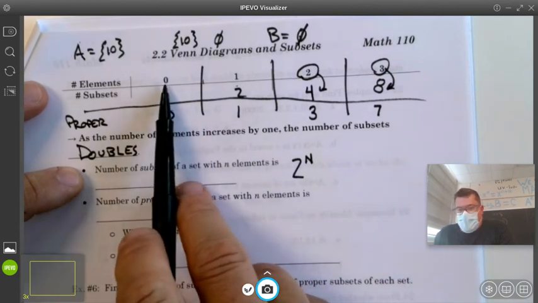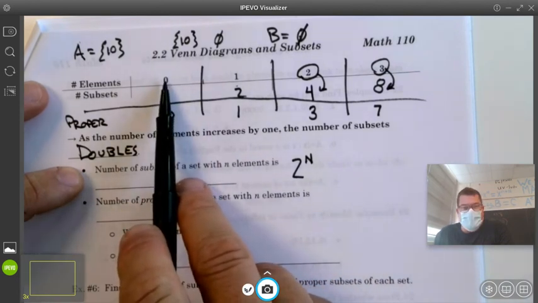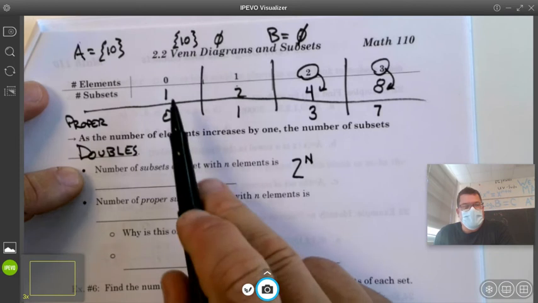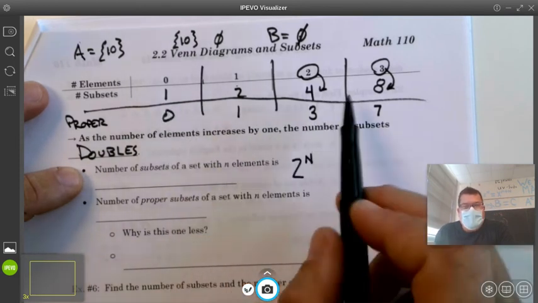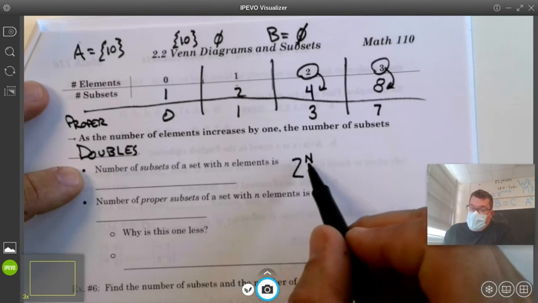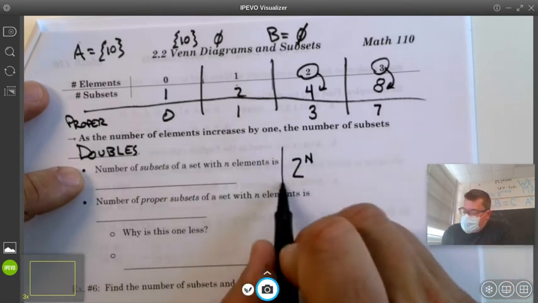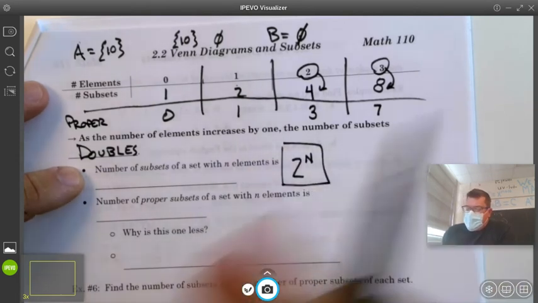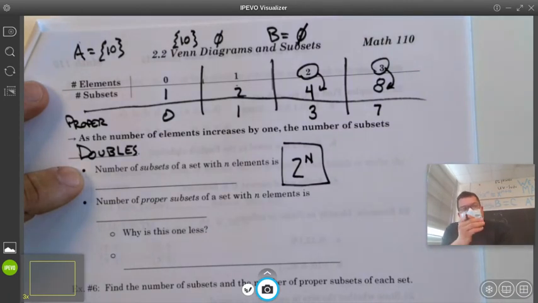So if the number of elements is 0, 2 to the 0 is 1. If the number of elements in the original is 3, 2 to the third is 8. So this is our magic machine. It doesn't give you the subsets, it just gives you the quantity of subsets that you're going to have.